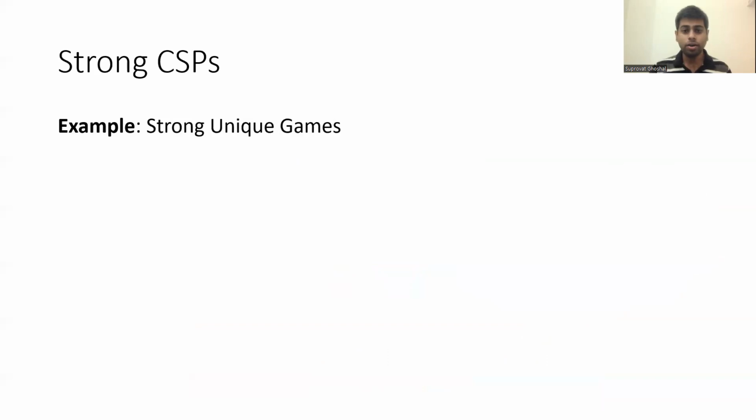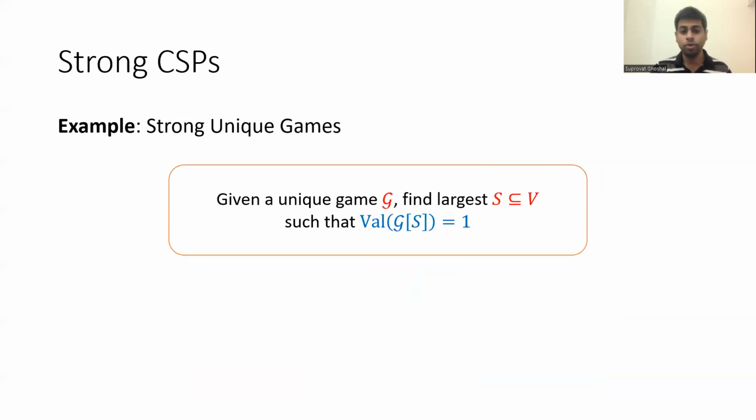More generally, odd cycle transversal falls into the framework of a more general class of problems, which is a strong unigames problem, which is as follows. So here we are given a unigame, and we want to find a subset of largest size such that the value of the induced unigame on that subset is 1.